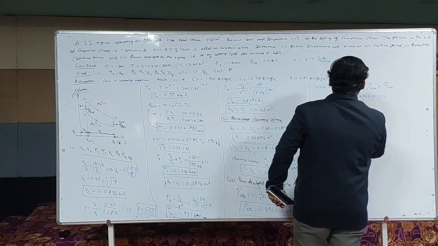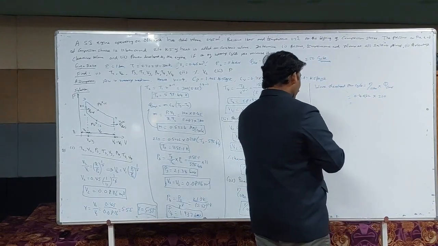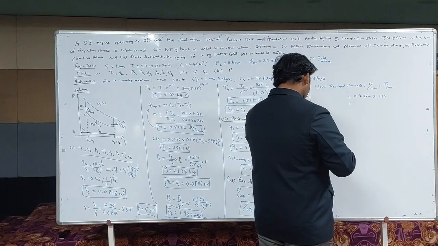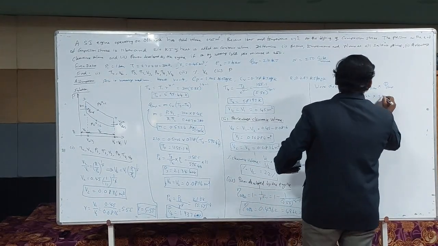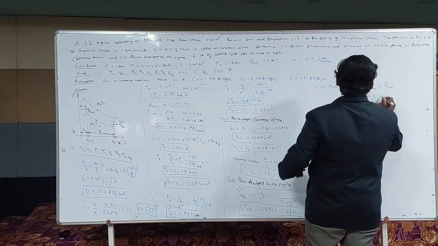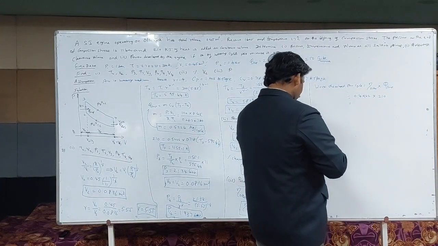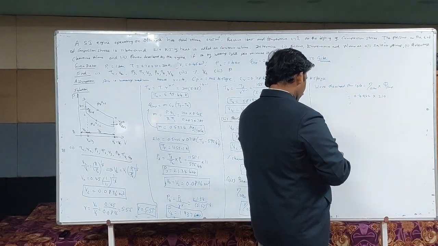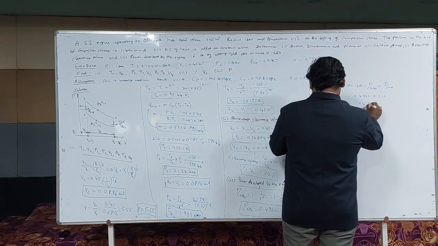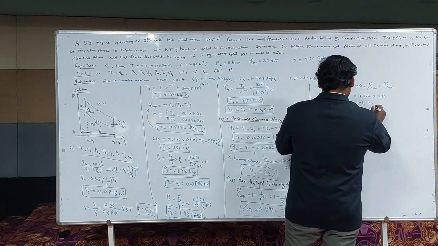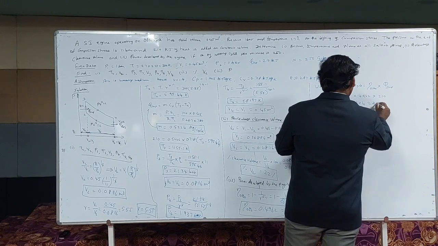So 0.4962 into 210, we get 104.2 kilojoule.